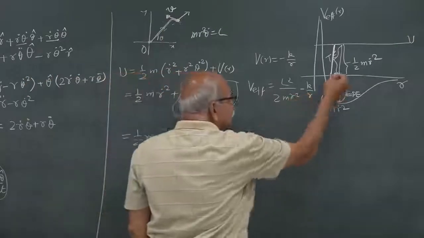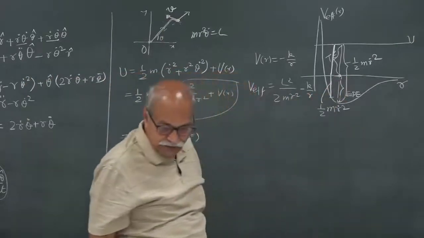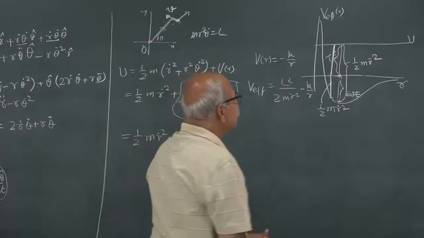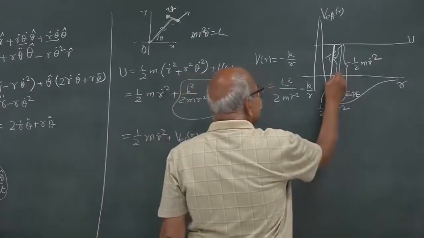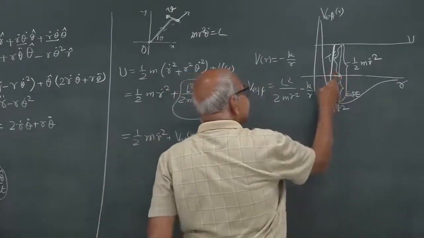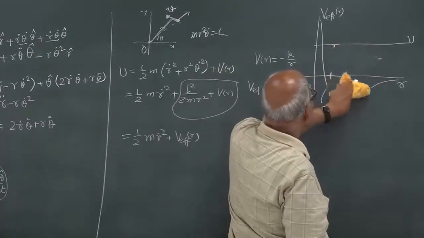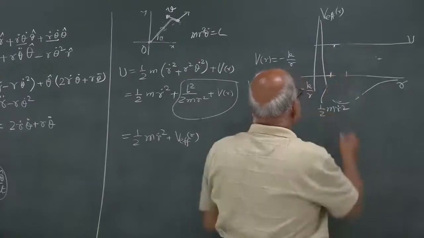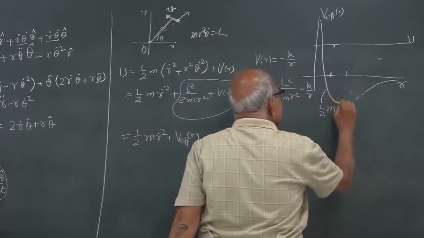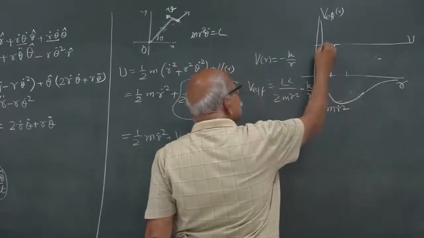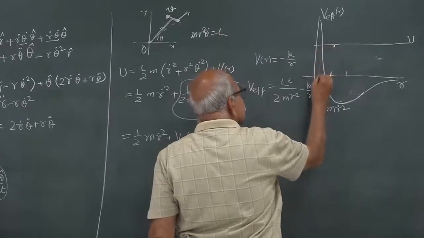So, what happens on this diagram? Let us see. As r decreases, you are going this side, this side, and finally at some stage you will reach here.